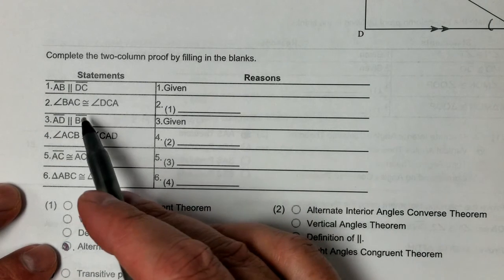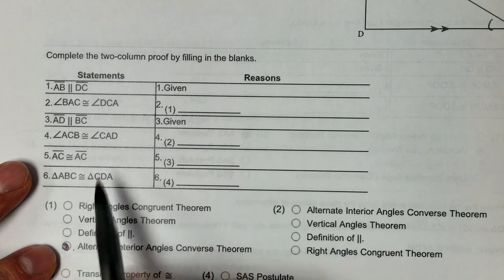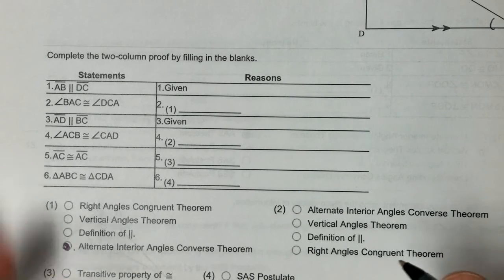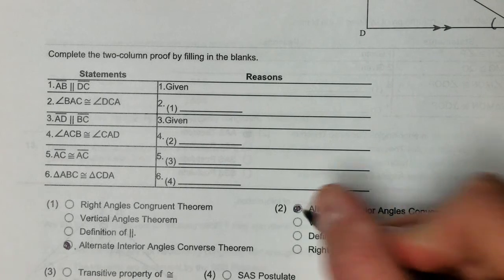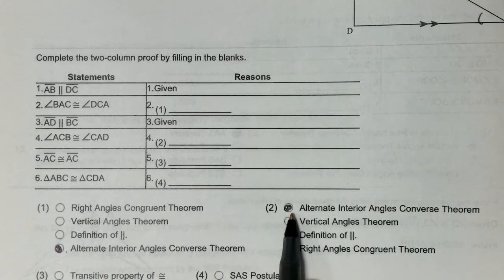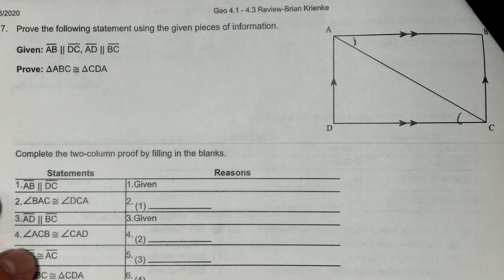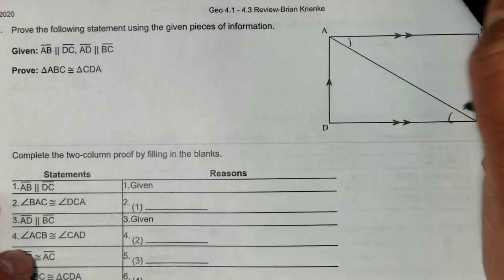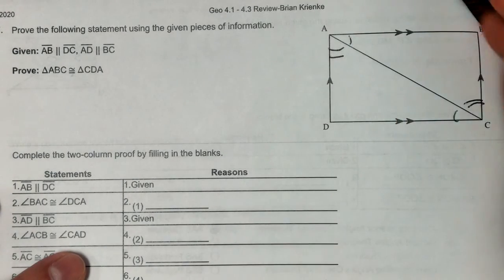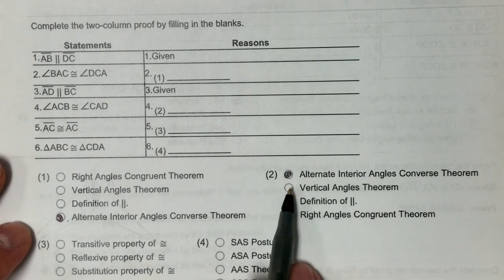And then you got more parallel lines with the other angles, so again you're going to have alternate interior. That's the ACB, which is this angle, congruent to CAD, which is this angle. So we've got 2 that are alternate interior.